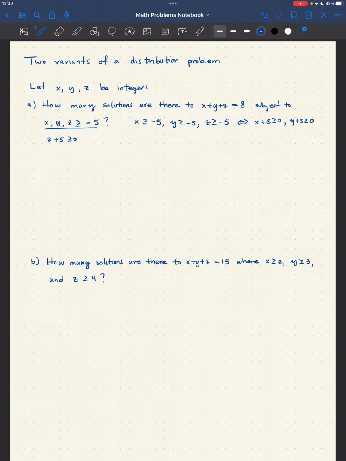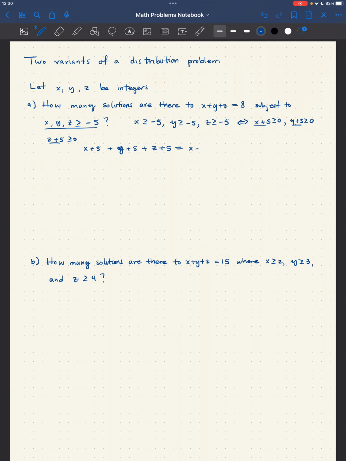Now, if I incorporate this information, then I can construct the sum of these three terms, and I'll write it in this fashion: x plus 5 plus y plus 5 plus z plus 5 equal, well, I'm going to group things.